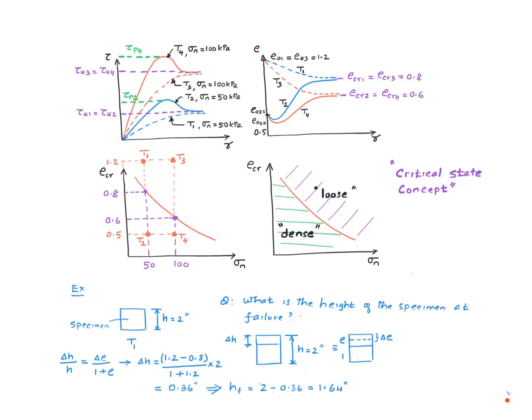These ideas are collectively known as the critical state concept. This concept was originally proposed by Casagrande, but later further researched and systematically popularized by a group of researchers from Cambridge University, namely Professors Roscoe and Schofield. This concept now forms the basis for interpreting test data and also soil behavior in general.